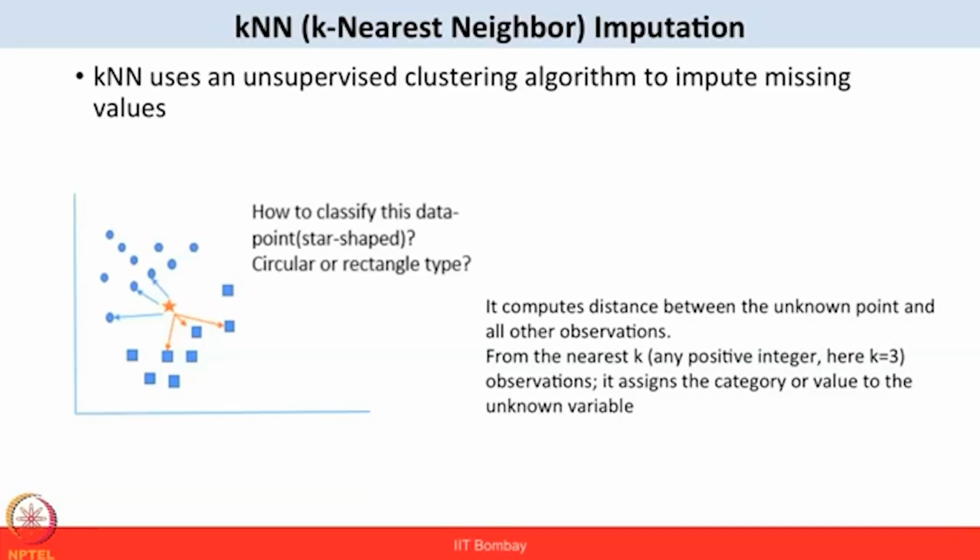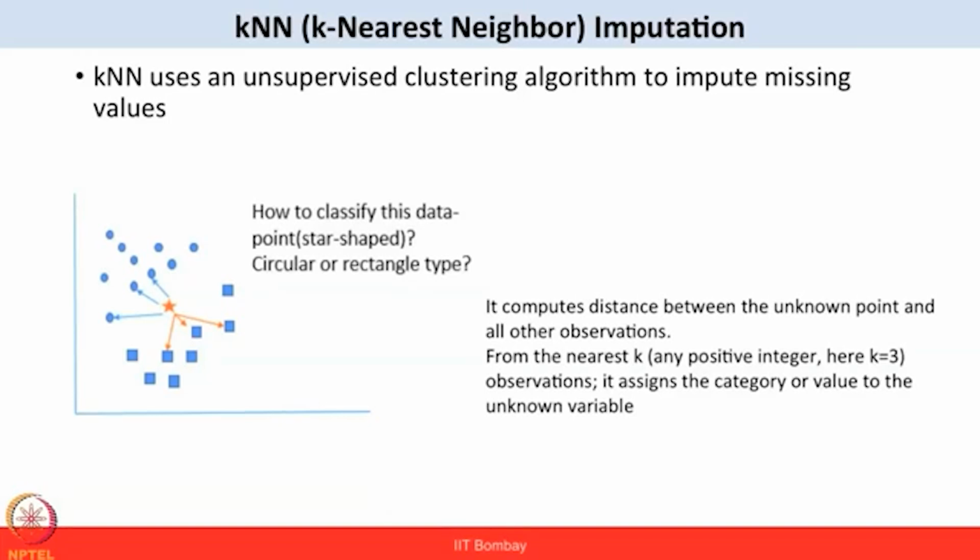So we need to classify whether it goes to the circular type or the rectangular type. The KNN algorithm computes the distance between the unknown point and all the observations, and from all the observations it takes the nearest k, which can be any positive integer. Here in this example k is equal to 3.